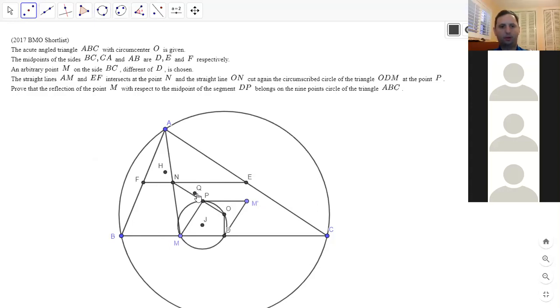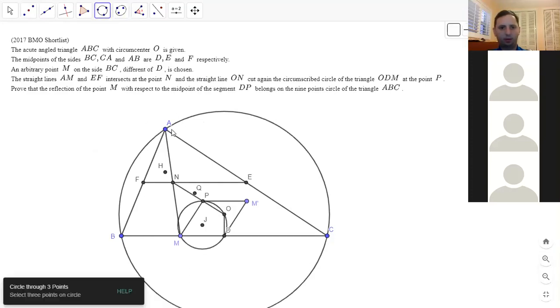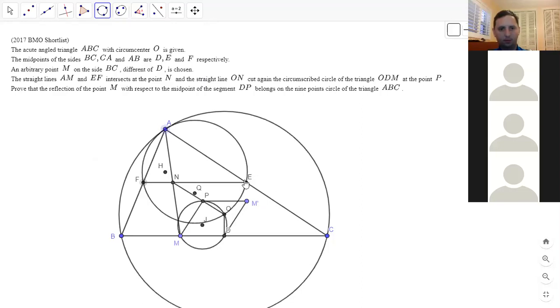I'm not sure how helpful that is. It's the midpoint of OH, though. Maybe I could do something with that. So we'll draw the circle of AEF. Yeah, it passes through O. Can you intersect this circle with OP?